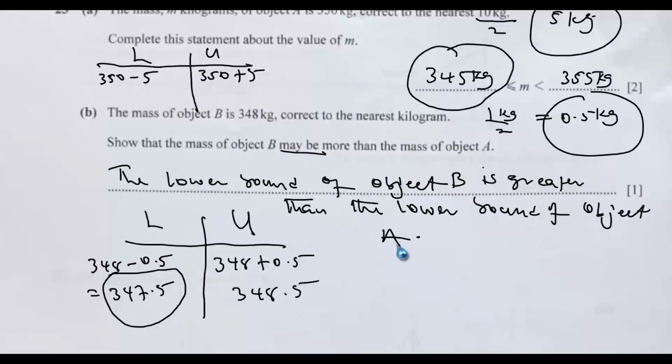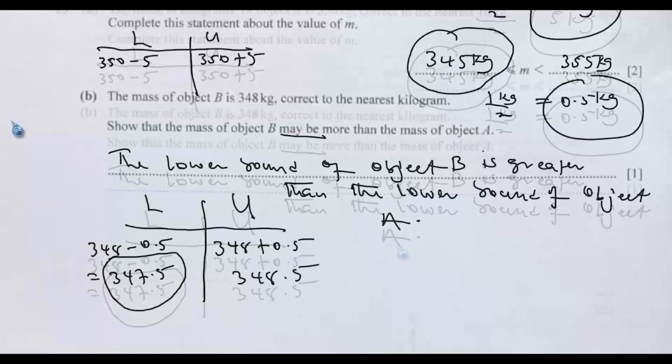So we have shown that the mass of object B may be more than the mass of object A through their lower bounds. This will be the end of this video.